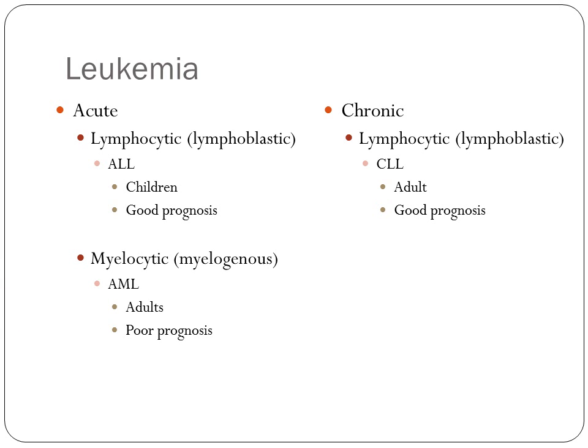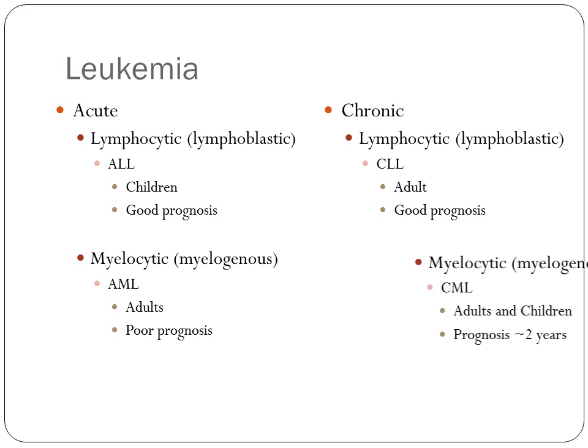Going back under the acute, we look at the myelocytic or myelogenous form of leukemia, AML. Contrary to ALL, which is more often seen in children, this one is generally seen more in the adult population, and it does tend to have a poorer prognosis. It's probably one of the worst forms of leukemia that you can get.